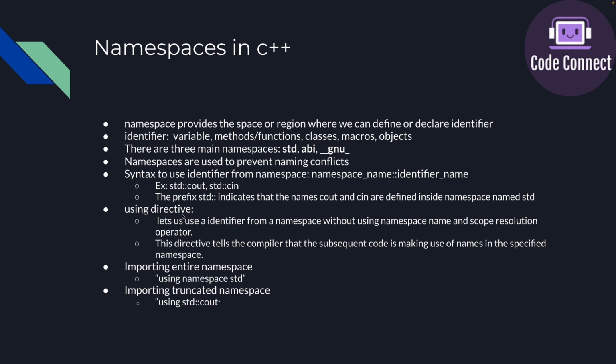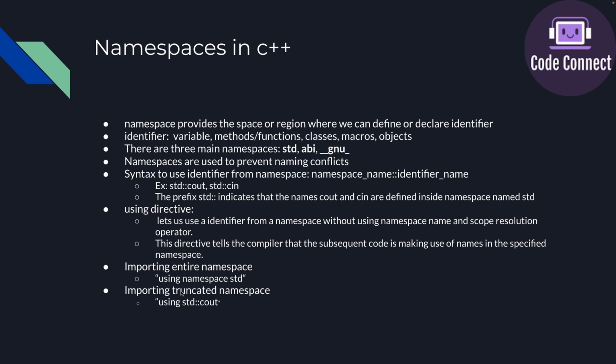Now how will we import the namespace? We can import a namespace in two ways. We can import the entire namespace, which imports all the identifiers present in that namespace, or we can import some specific identifiers which we want, which is called importing a truncated namespace. To import the entire namespace, we can simply use using namespace std.